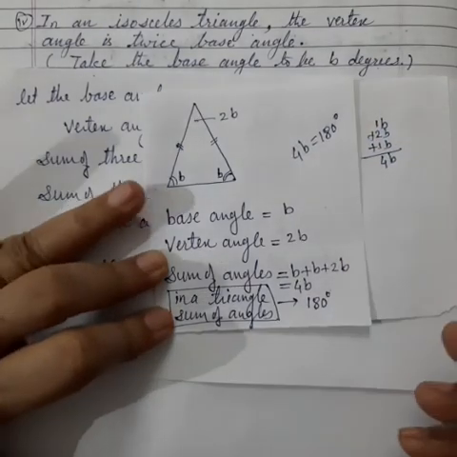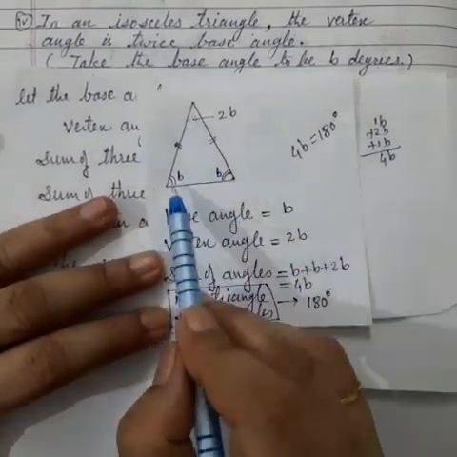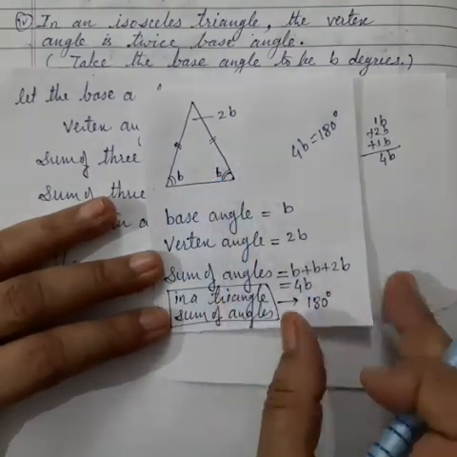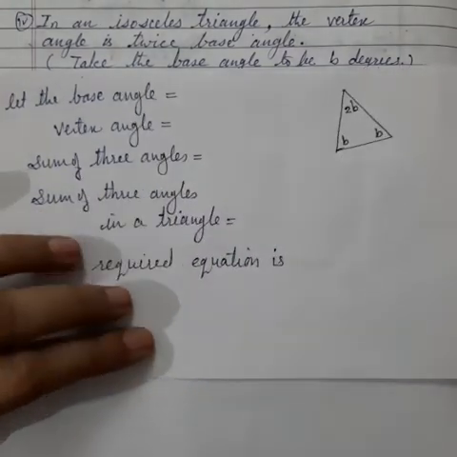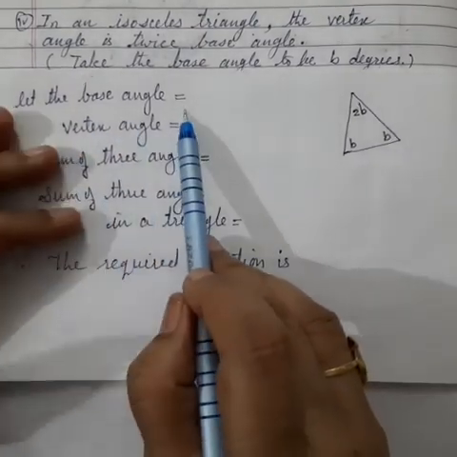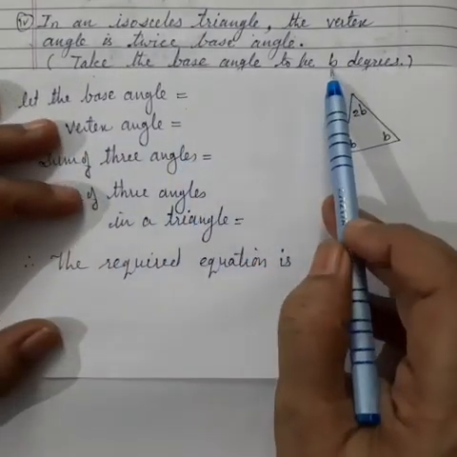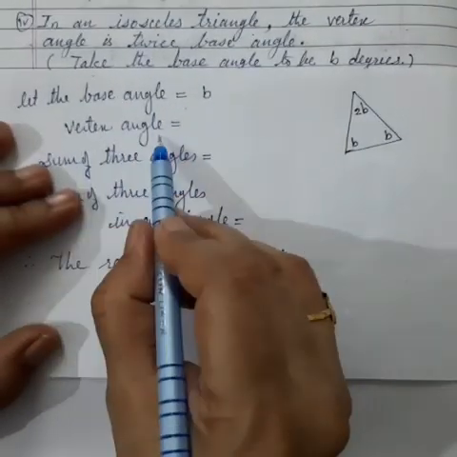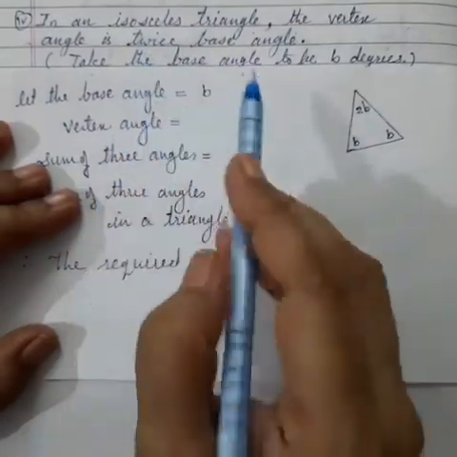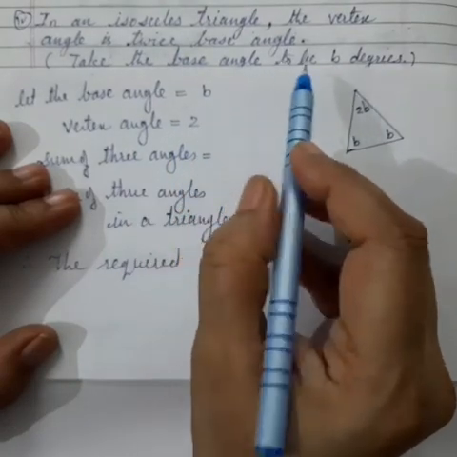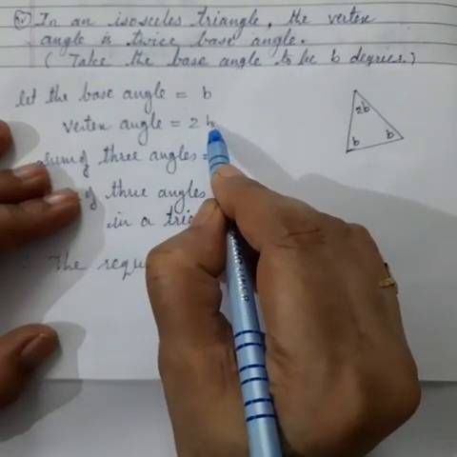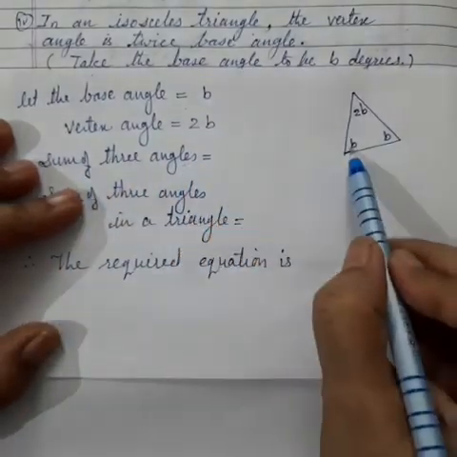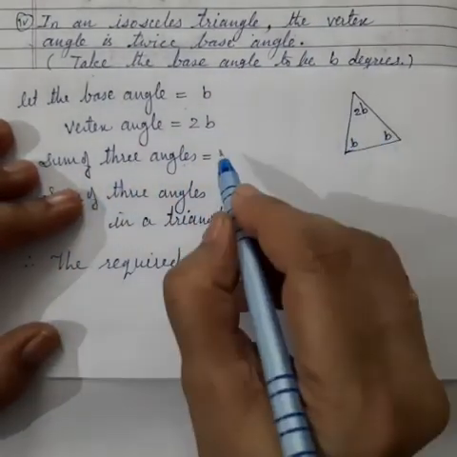Here also degrees. This is vertex angle and these are base angles. Base angles are equal in isosceles triangle. Now coming here. Let the base angle be, for the unknown value, B. Vertex angle is 2 times. Twice means 2 times the base angle. Base angle we have to take variable B. Sum of 3 angles, B plus B plus 2B.